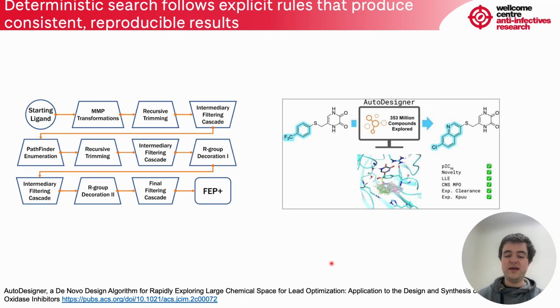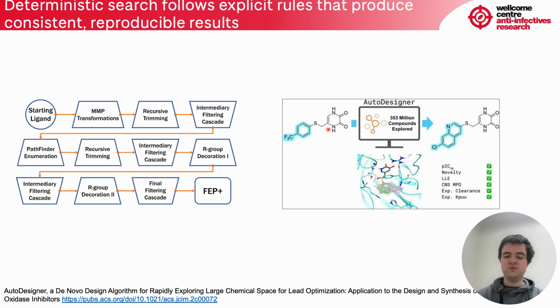So an example here is Auto Designer from Schrödinger. Here we start from a starting ligand, and from that starting ligand, we then transform it over and over again, following this sort of cascade, this sequential application of rules until we eventually arrive at applying FEP.